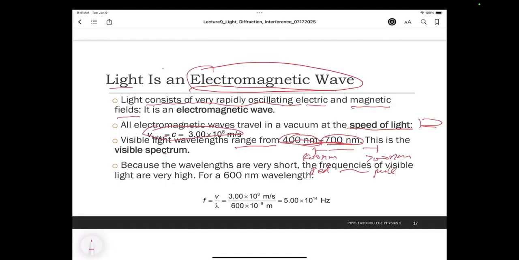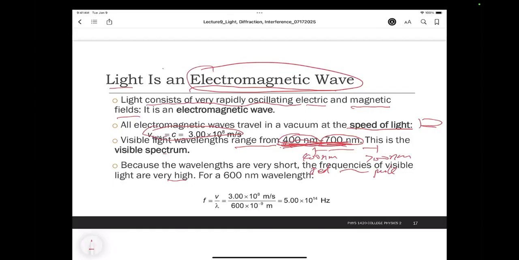Do you remember that? Yeah, this is the visible spectrum. Our eyes can see the light if the wavelength is in this range. Because the wavelengths are very short, the frequencies of visible light are very high.